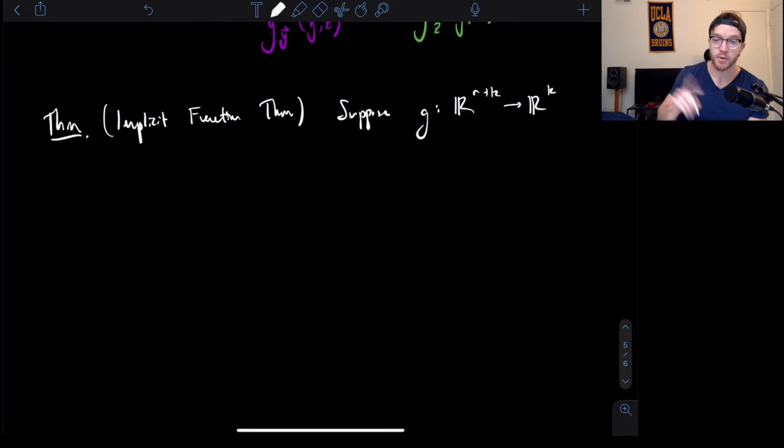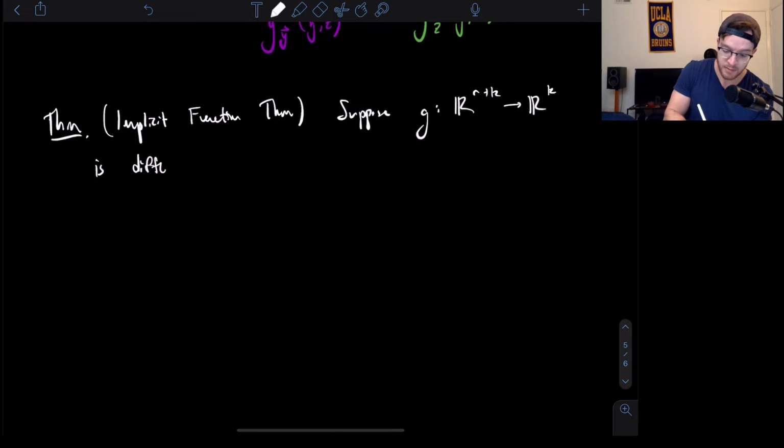It's a function from R^(r+k) to R^k. And I need to assume that not only is this differentiable, but it turns out that you need the partial derivatives to all be continuous. So you need this to be C1, continuously differentiable. So suppose g is differentiable with continuous partials.